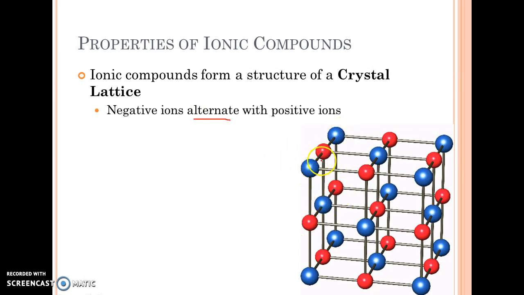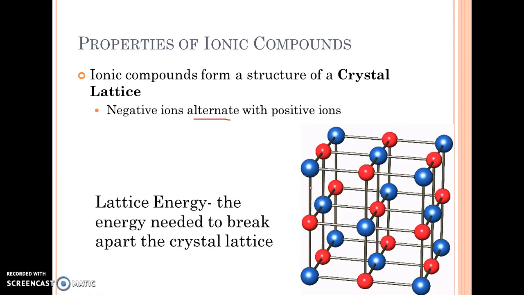So we have a blue circle and a red circle. Notice how they are alternating in color. That's because your positive atoms and your negative atoms are bonded together. If we want to break the crystal lattice, you have to have a minimum amount of energy called lattice energy.